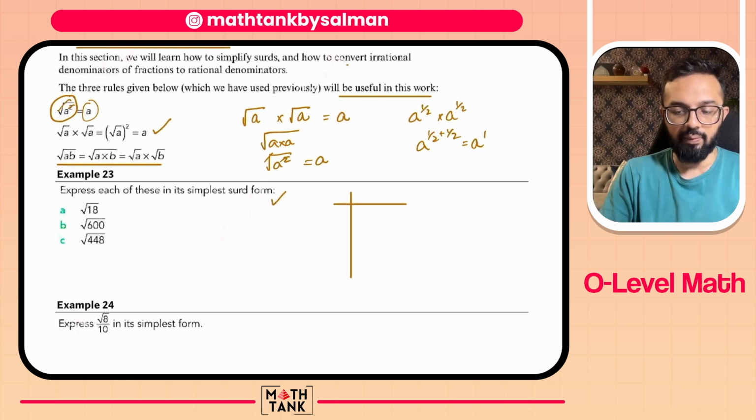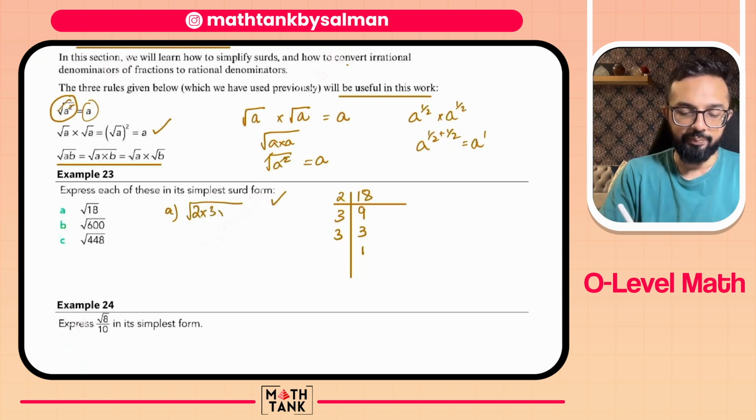Some of you have learned it by making a tree, and that's also fine. I've always done it this way. 2 times 9 is 18, 3 times 3 is 9, and 3 times 1. The root of 18 can be written as 2 into 3 into 3.